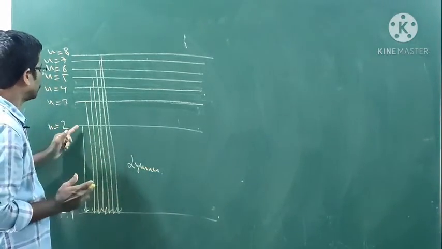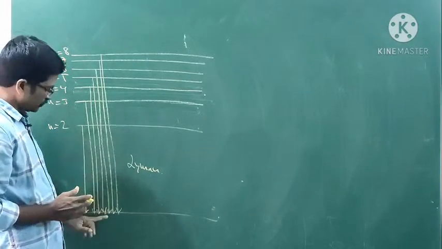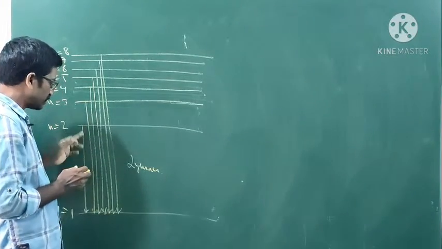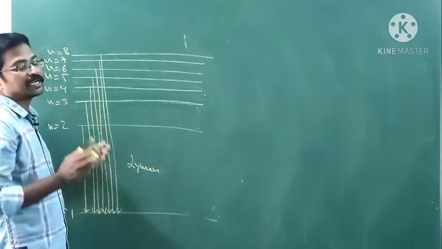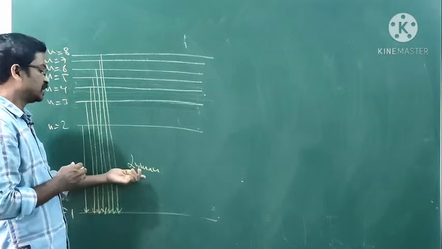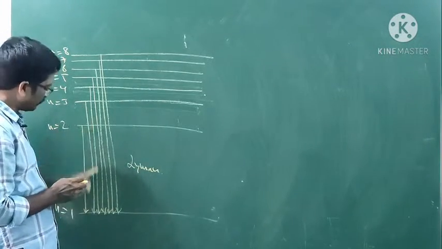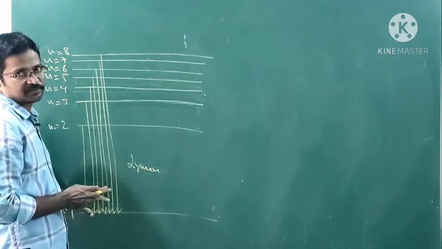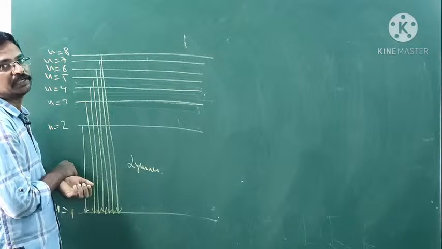Electron comes from second level to first level, third level to first level, fourth level to first level. Any level to number one can give the spectrum because of these transitions. That spectrum is the Lyman spectrum. Because of these transitions, which take place in different atoms, not in a particular atom.